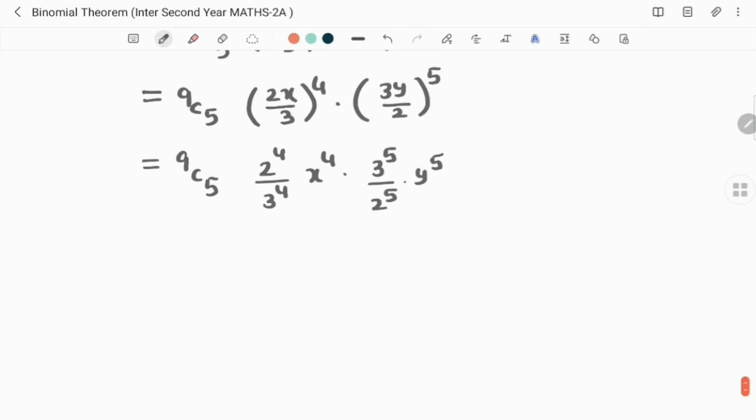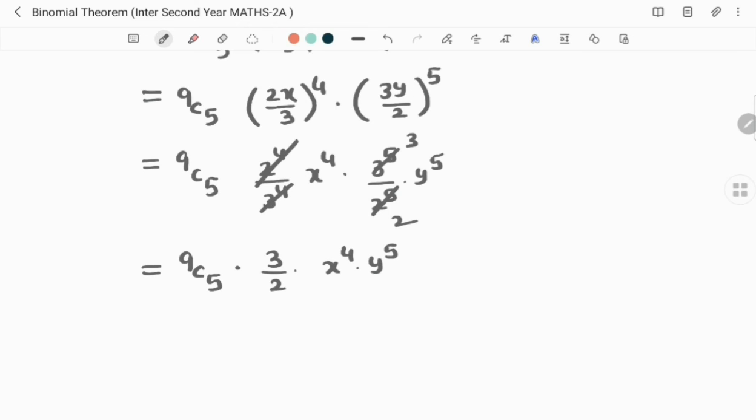You can simplify. Here 2^4, four 2s will be cancelled. 3^4, four 3s will be cancelled. So the rest of the terms: 9C5 (3/2) x^4 y^5.